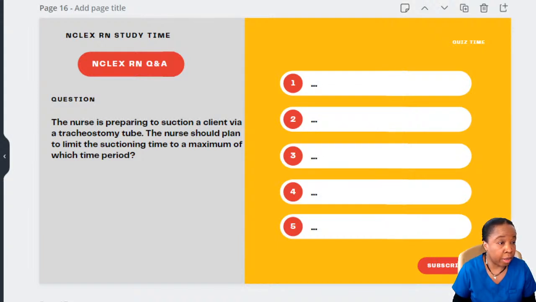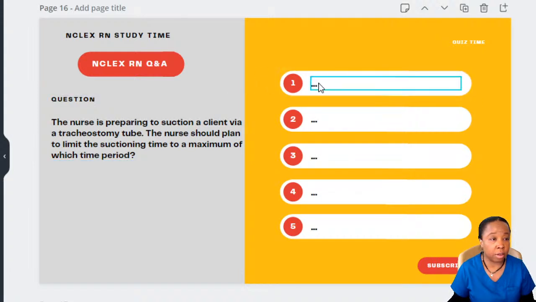The nurse should plan to limit suctioning time to a maximum of how long? You know you're not supposed to suction the patient for too long. So what is the length of time the nurse should suction a patient?